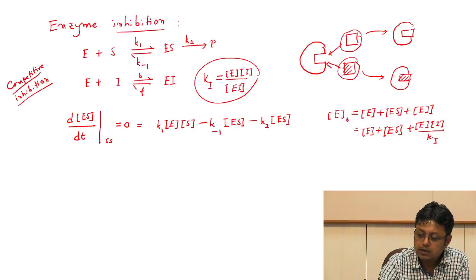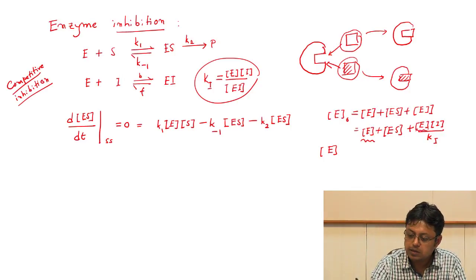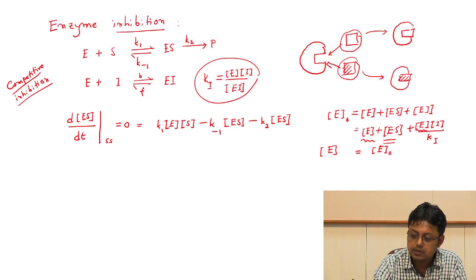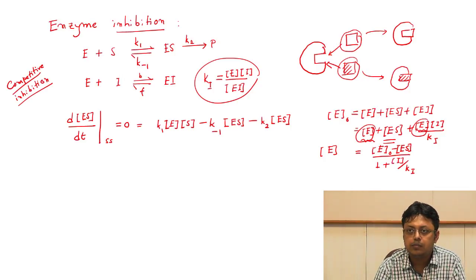I can take the enzyme term common, and I'm just skipping a step. If I move this term to the left, it will be E equals E0 minus ES, divided by 1 plus I by Ki, because for the enzyme term I'll have 1 plus I by Ki. So that is the solution for the enzyme concentration at any time.